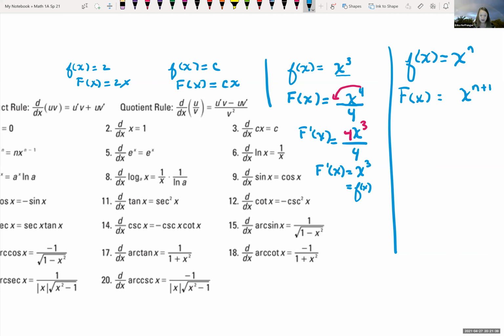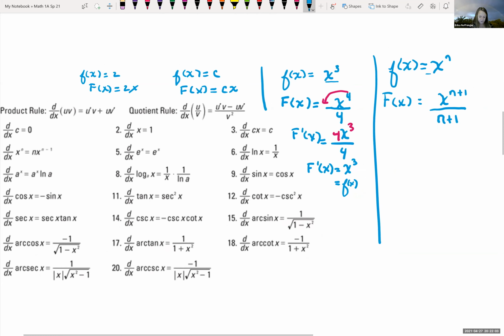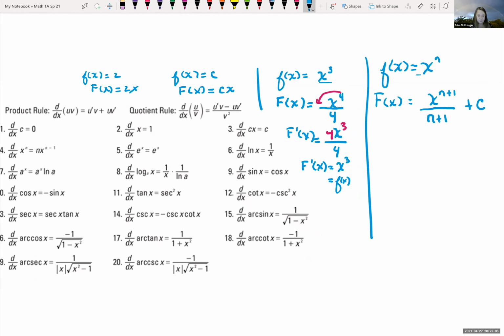But when I take the derivative, I would get the coefficient of my exponent, and I want a 1 in this case. So if I divide by my new exponent, then when I bring down the exponent in the derivative, it cancels out. And we can add some constant c, and get back our original.